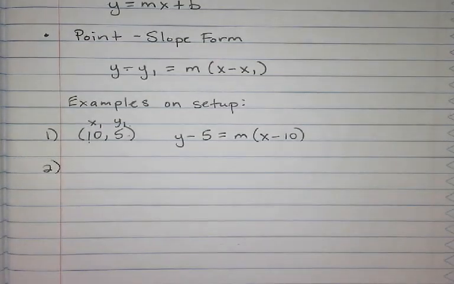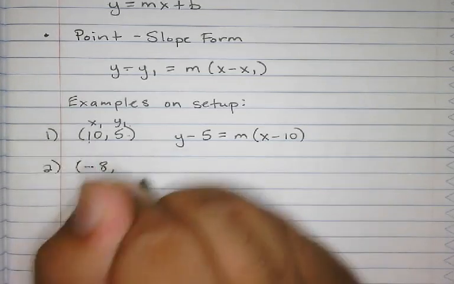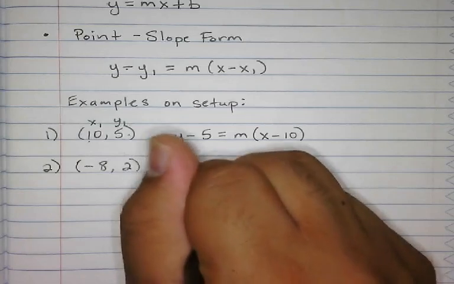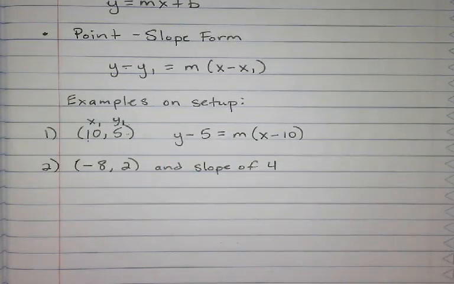Number 2, let's say they give you -8, 2, and they say your slope is 4. So they give you a point and they give you your slope.